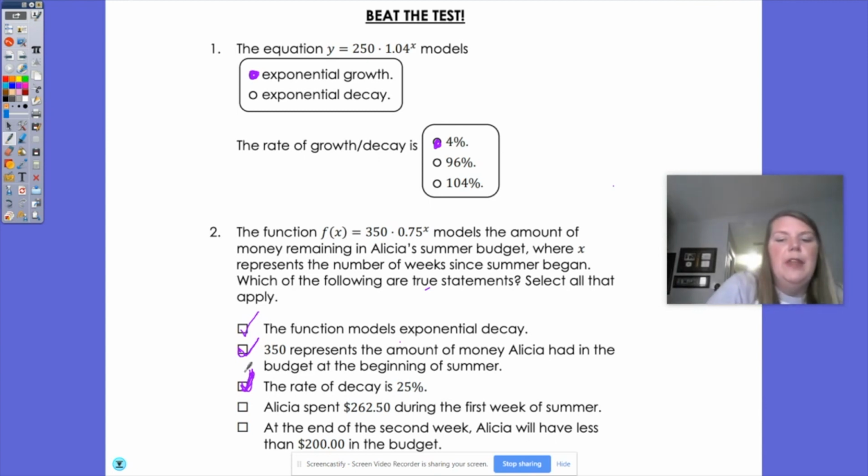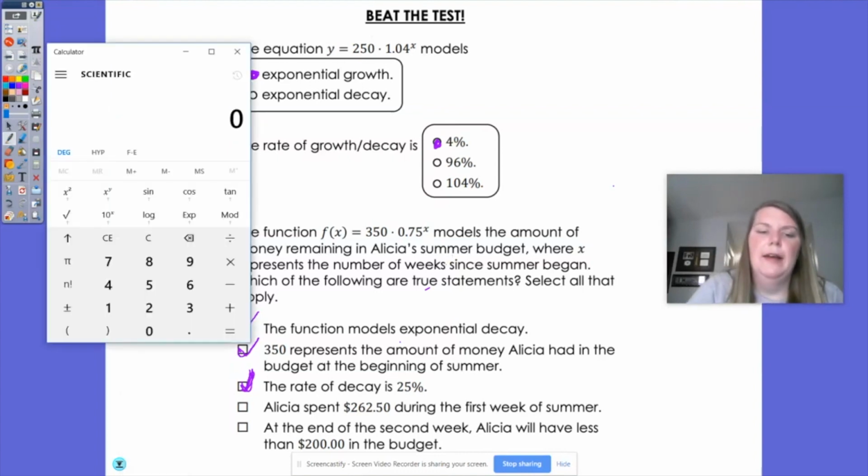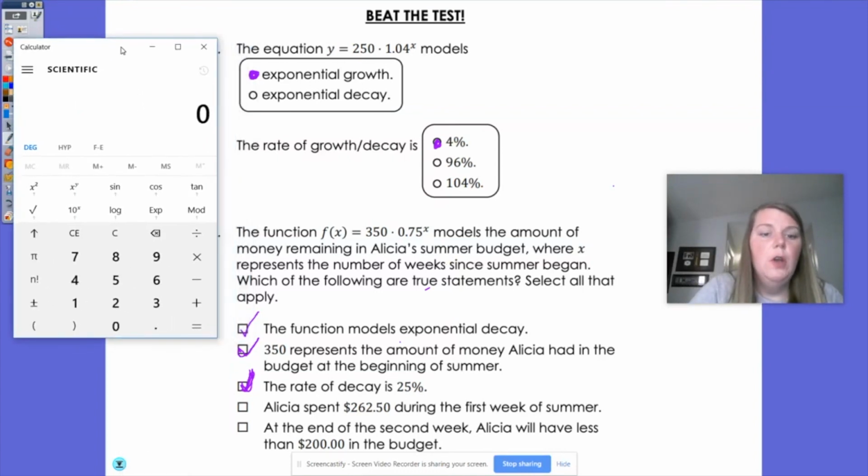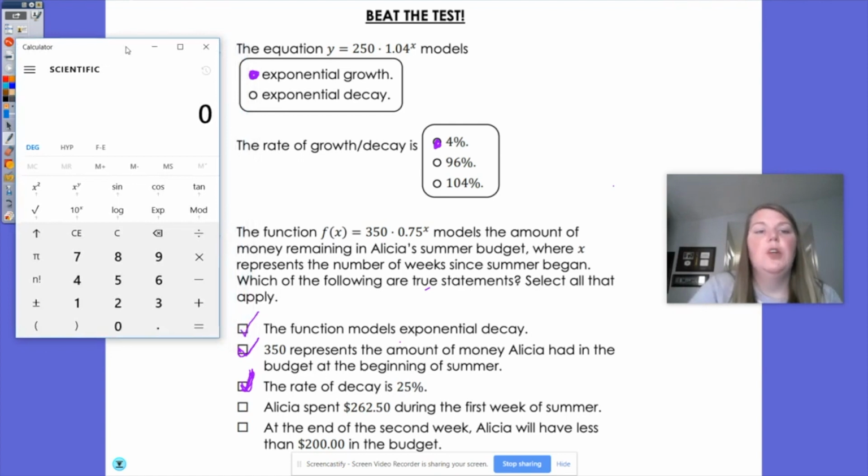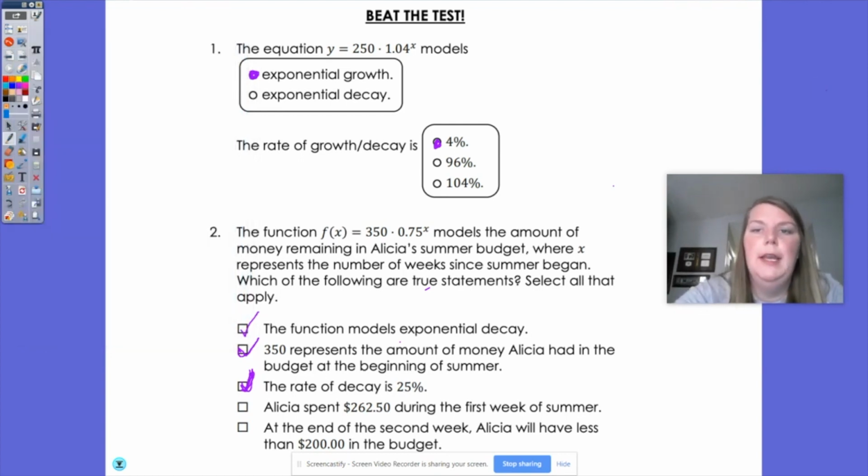I'll set it up for you, and then I'll substitute it in my calculator. Okay, so let's see how we plug this in the calculator so that we can do those last 2 questions. So we want to know after the first week. So we're going to plug in 350 times 0.75 to the first power. So obviously anything to the first power is itself.